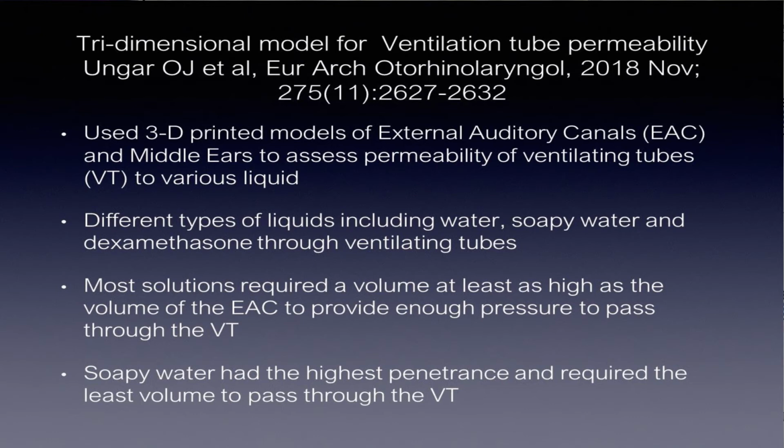This included water, soapy water, and dexamethasone. Most of these solutions required a volume that was at least as high as the volume of the external auditory canal in order to provide enough pressure to pass through the ventilating tube. But what they found was soapy water had the highest penetrance and required the least volume in order to pass through the ventilating tube.